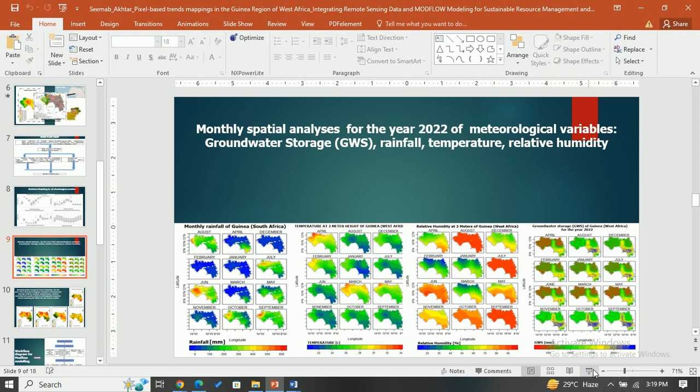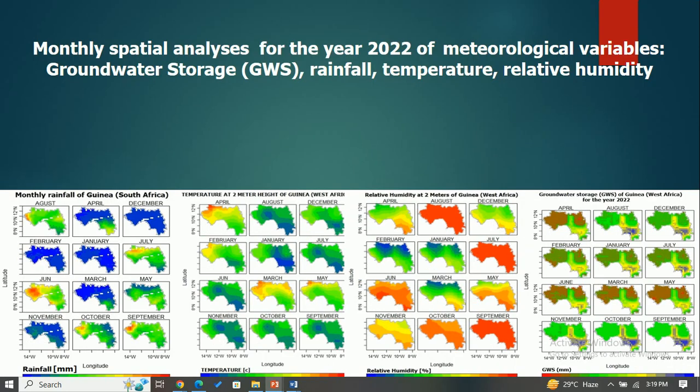Yes, it's visible. Okay, ma'am, 600 is the minimum. Here the minimum value occurs, and here is the maximum value for the entire months of 2022. Similarly, consider the rainfall. Rainfall is at its maximum value here, but the groundwater storage is at its minimum here.